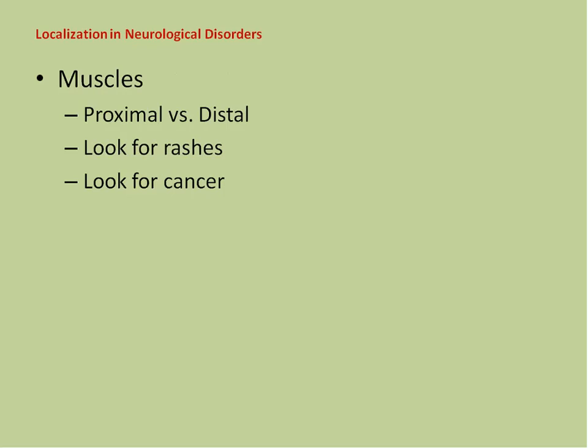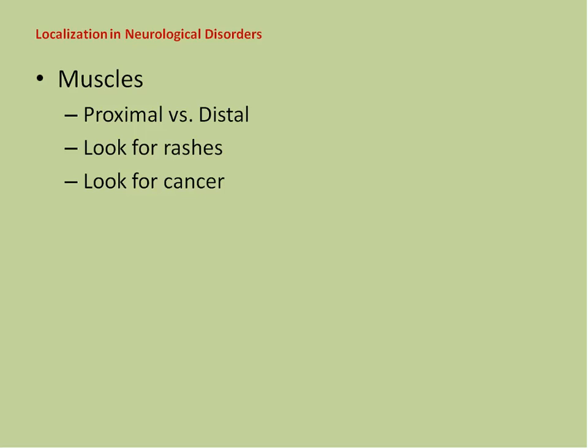Muscles, proximal versus distal, and look for rashes, skin, again look for cancer. Now, it is classical for muscle diseases that involve mostly, now we are talking about an ideal condition, we are not talking about variants or uncommon conditions.